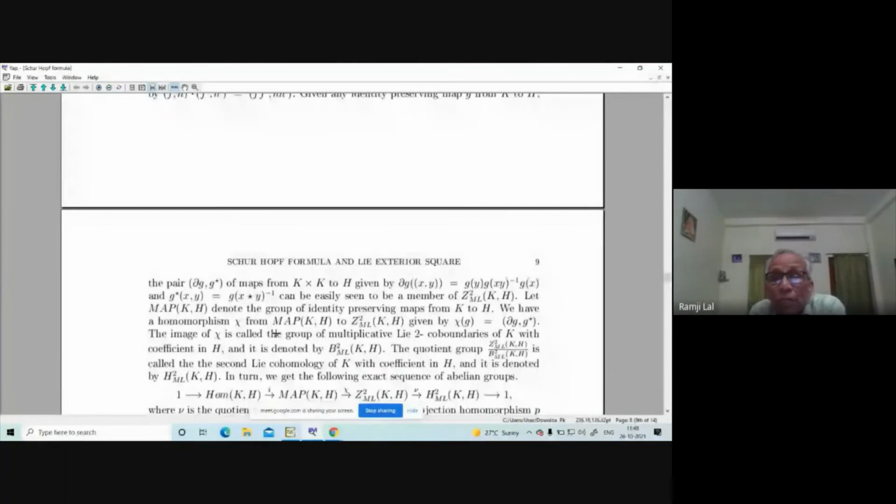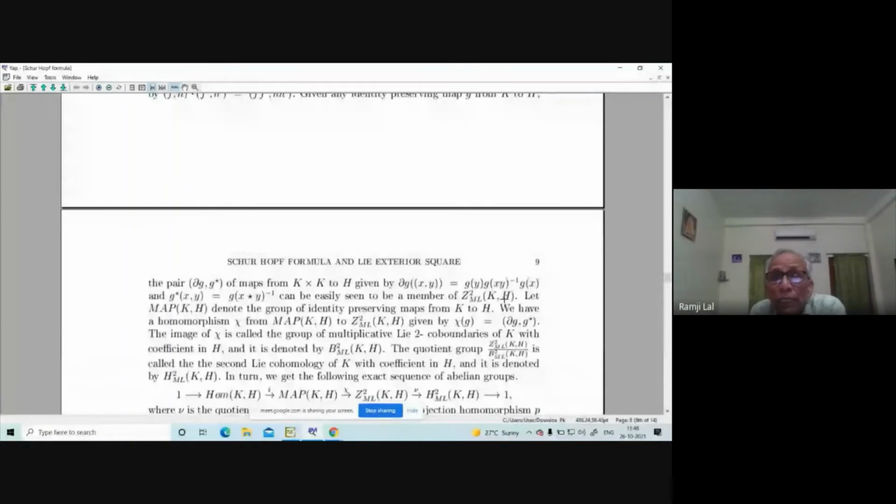And the pair (delta G, G dash): delta G is the usual coboundary operator, delta G of (X,Y) is G(Y) G(XY) inverse into G(X). And G star, the condition which I already stated, is a map from K cross H to H, given by delta G(X,Y) is this, and G star(X,Y) satisfies the condition this. It can be easily seen to be a member of Z2(K,H).